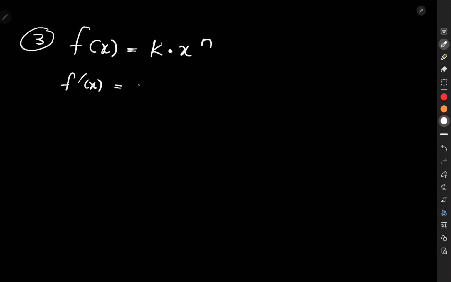The third law is similar to law 2, but the coefficient of x is no longer 1. Let's say it's k, and we have something like this. The derivative now will be k multiplied by n x to the power of n minus 1.